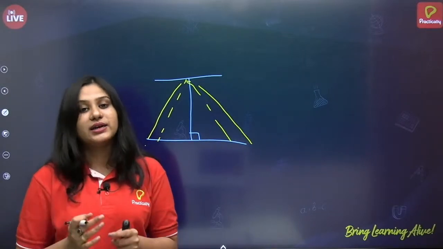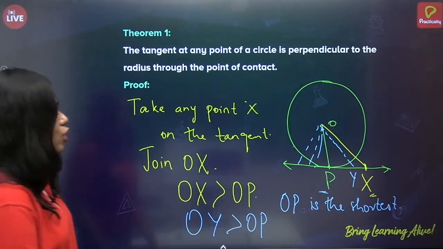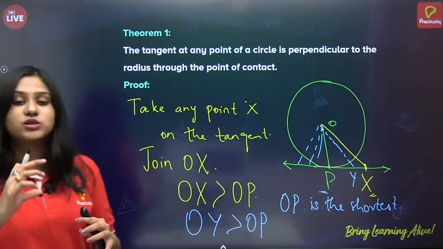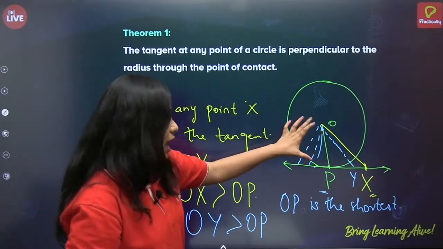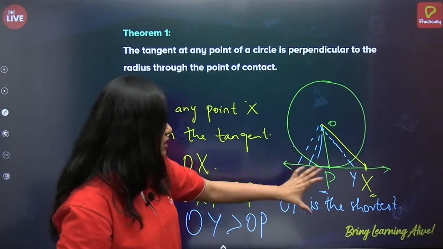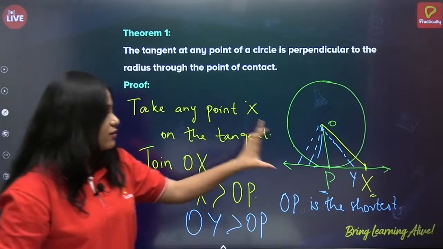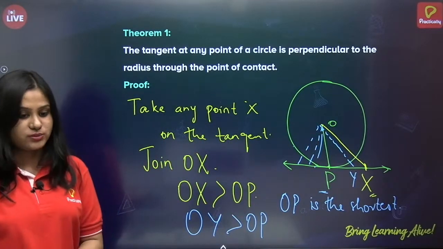It is 90 degrees, right? So, that is what we conclude, that OP will be the shortest distance. Therefore, it is the perpendicular distance between the point O and the tangent. And therefore, this radius OP is perpendicular to the tangent.